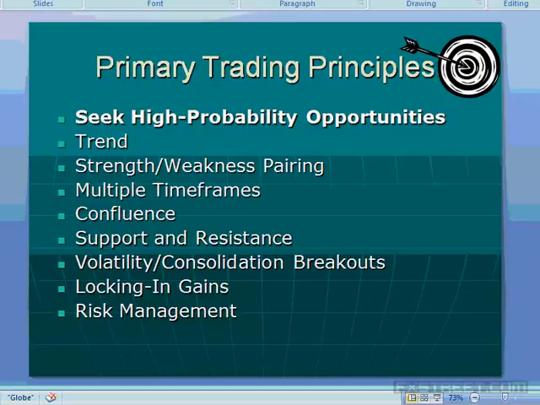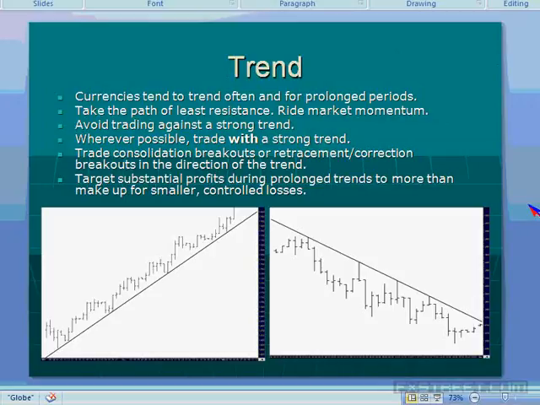Now, trend. This is one of my main focuses, because I am a trend follower. I am a trend trader in the forex market. Currencies tend to trend often and for prolonged periods. Why not take the path of least resistance? If there is a strong trend, why not trade with that trend?